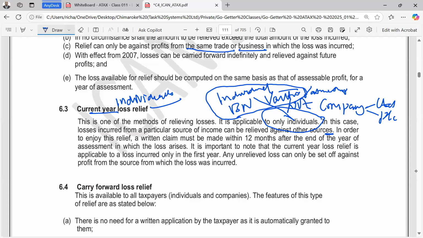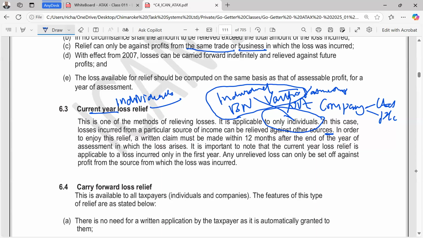As an individual, you can say, I have made a loss from my trading, and I am going to take away my loss from my rental income, or from my agricultural income. That is applicable to individuals, but never, ever for a company.